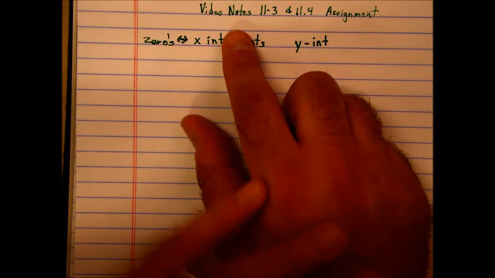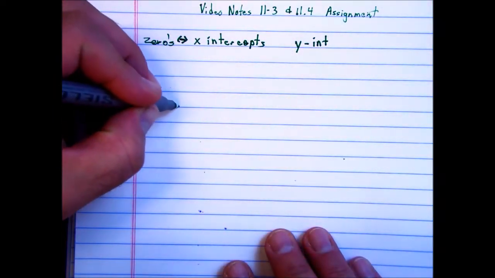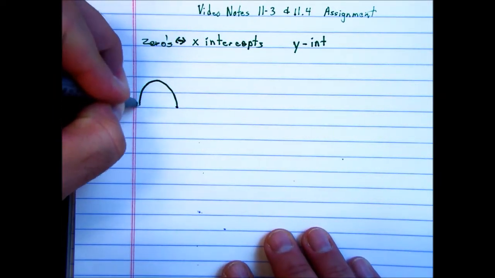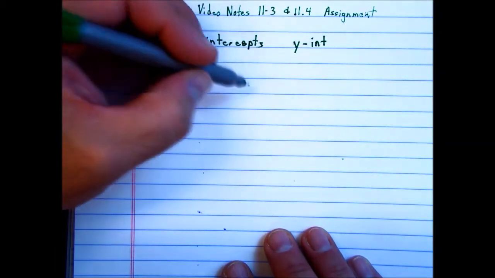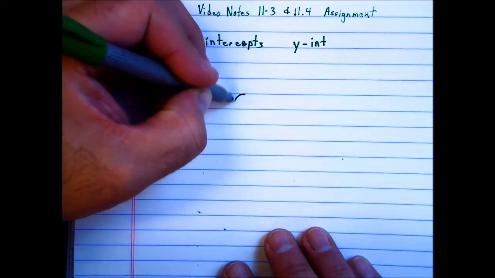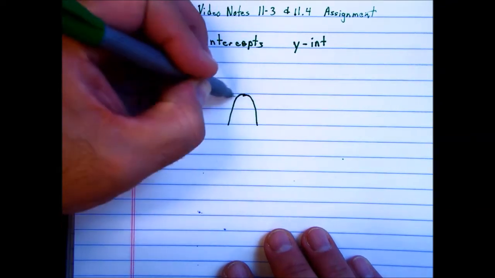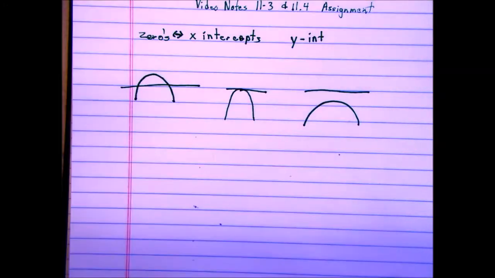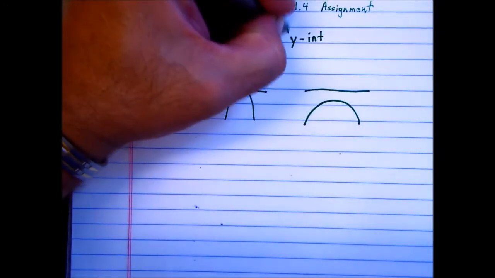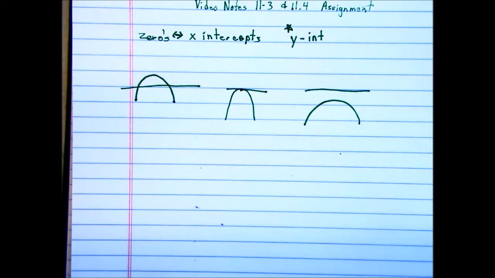Well, x-intercepts because your parabola is either going to go through the x-axis twice, it's going to go through the x-axis once, or it will not go through the x-axis at all. But it will always have a y-intercept.